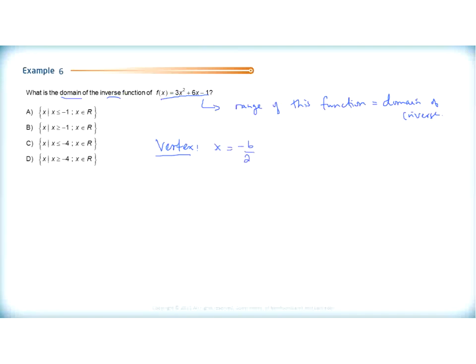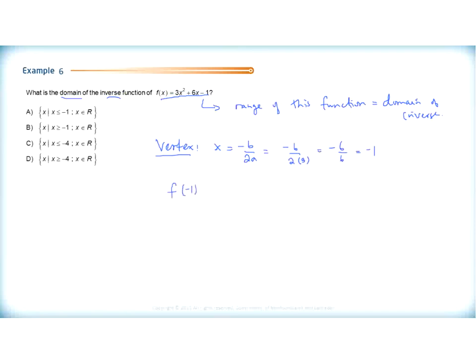x = -b/2a will give me the x coordinate of the vertex. Negative b over 2a is -6 over 2 times 3, which is -6 over 6, which is -1. That's the x coordinate of the vertex. To find the y coordinate of the vertex, which is the important one actually, I need to plug that value of x back into my function.